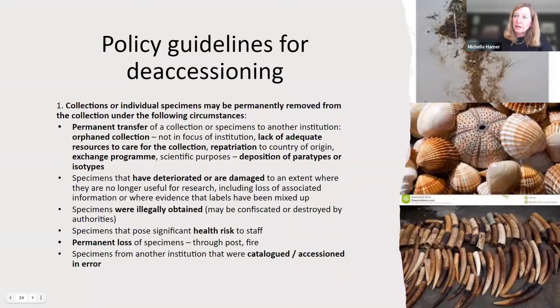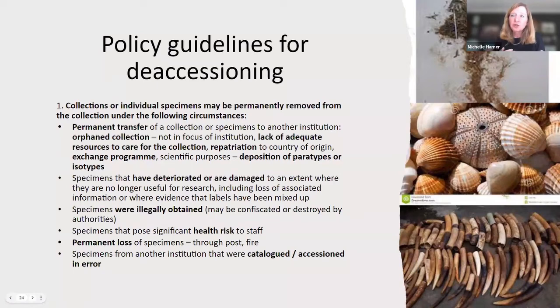If you're moving a collection to another institution because it's orphaned, doesn't fit within the scope of your institution, you don't have the appropriate resources to care for it, you don't have money, staff, or space, or it may be that it's being repatriated to the country of origin. So suddenly Zambia asks for all their fish back from us and we have to send those back to them.